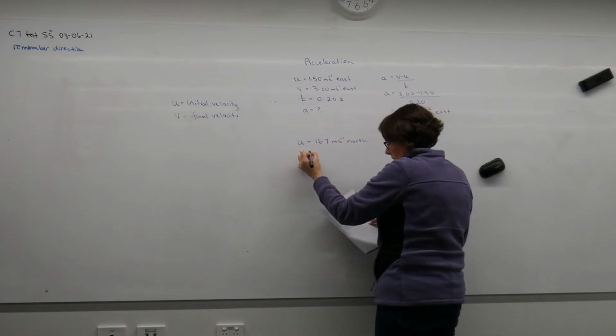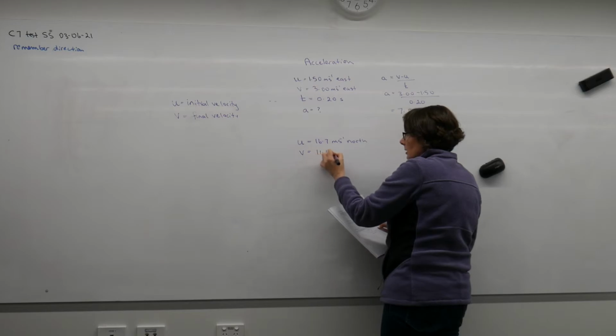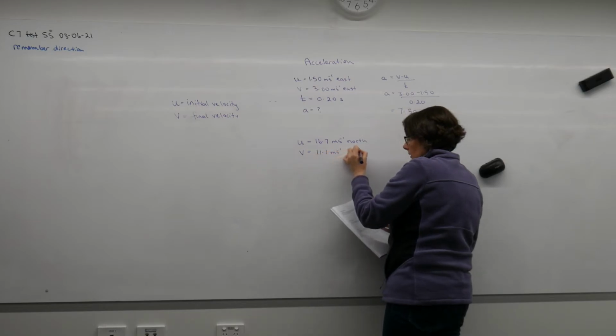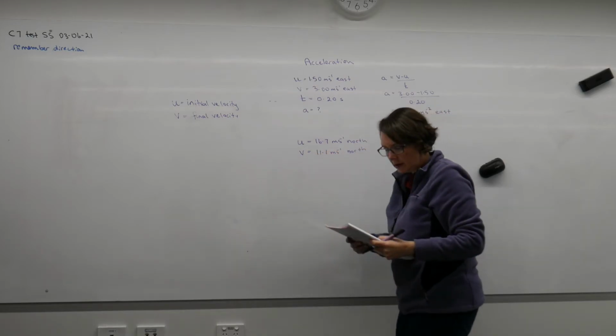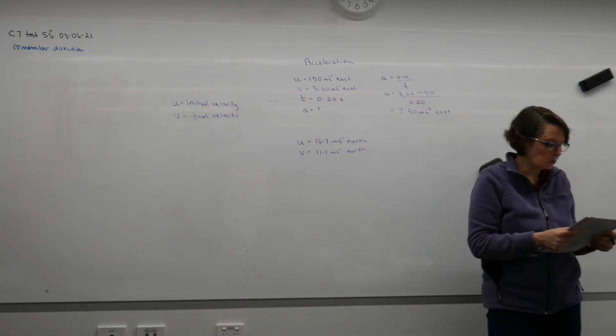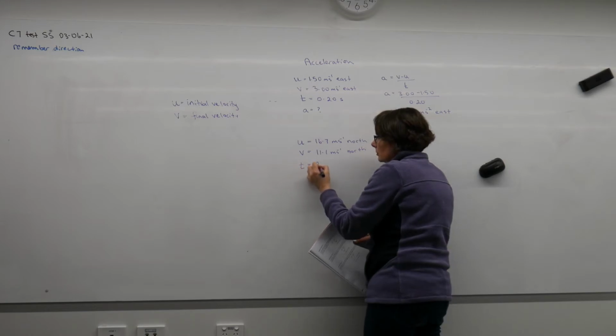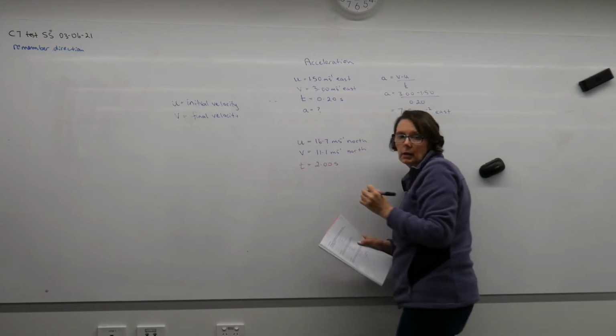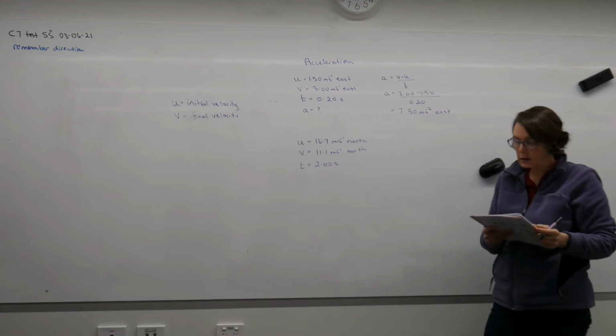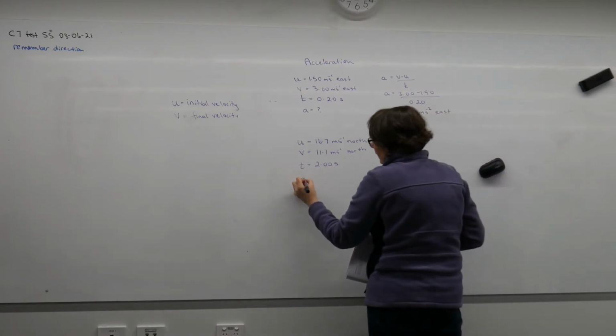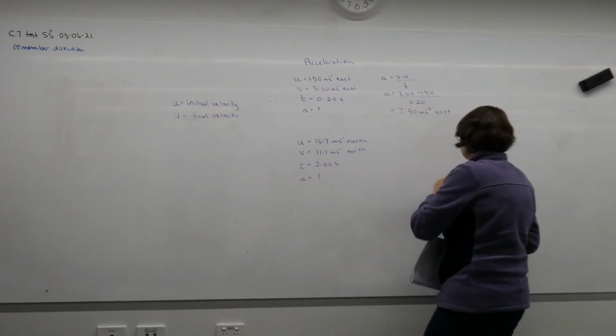And my final velocity is 11.1 metres per second north. When they approach a school zone, this takes them 2 seconds. So t is equal to 2.00 seconds. What is their deceleration? So we're still calculating acceleration.